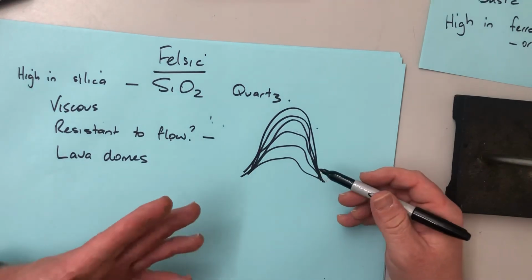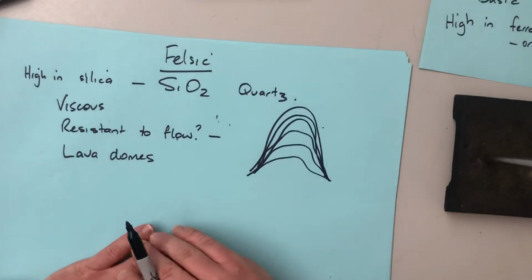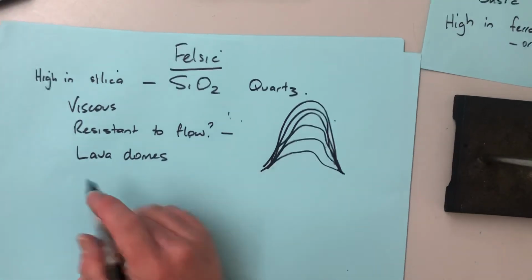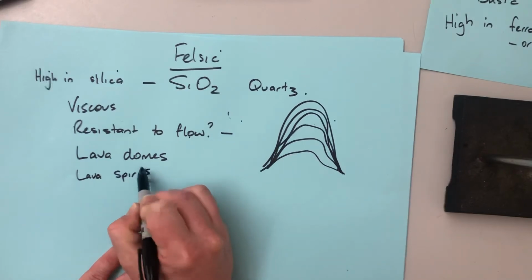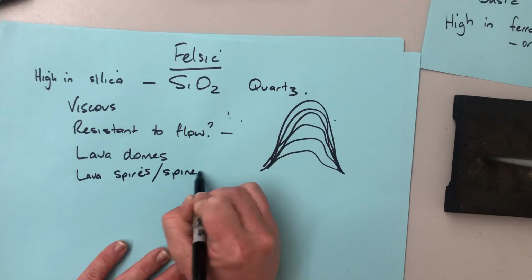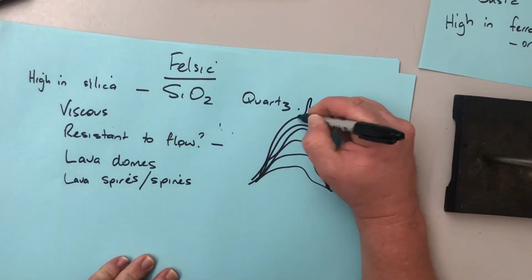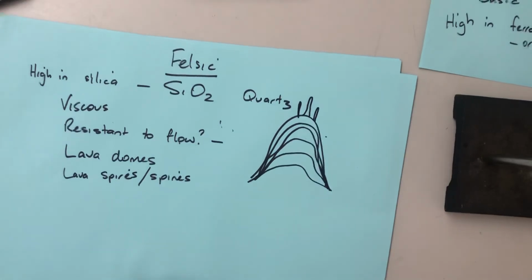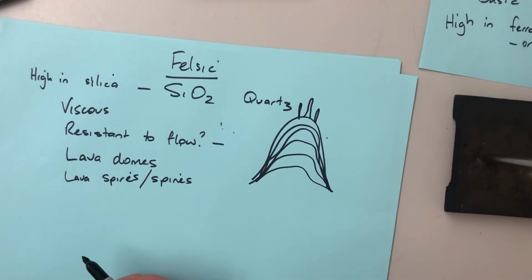It does not want to flow. So it just builds up, this lava that just builds up and up and up. It stays fairly solid. So you also get features called lava spires or spines. And they look like little peaks on the top. It's lava, but it's very much like a solid.